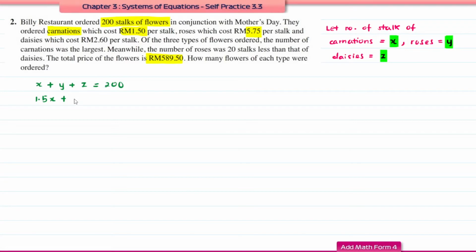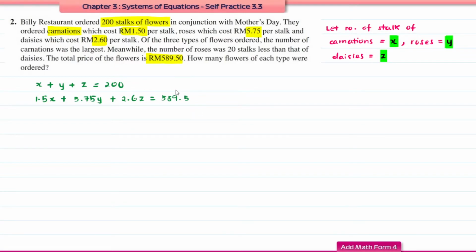So we have 5.75Y. And for the daisy, we multiply the number of stalks, which is Z, with 2.6, which is going to be 2.6Z. So the total price will equal 589 ringgit and 50 cents.